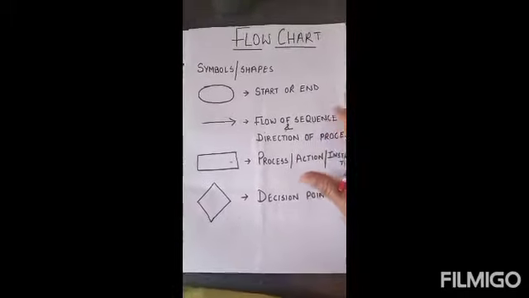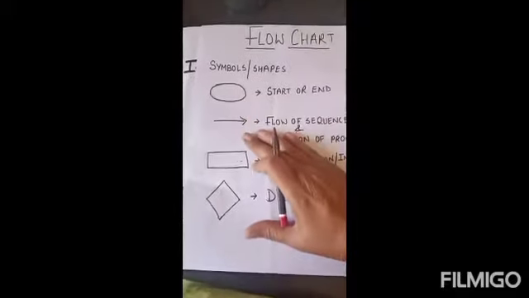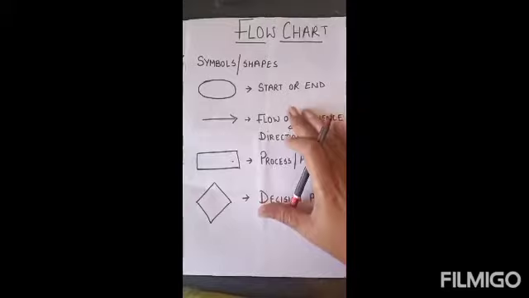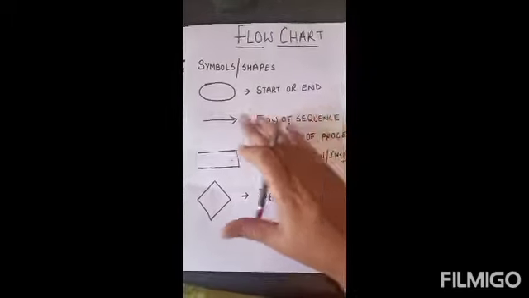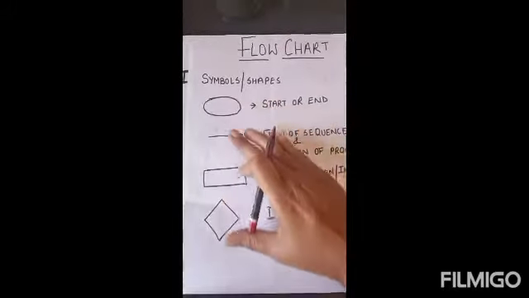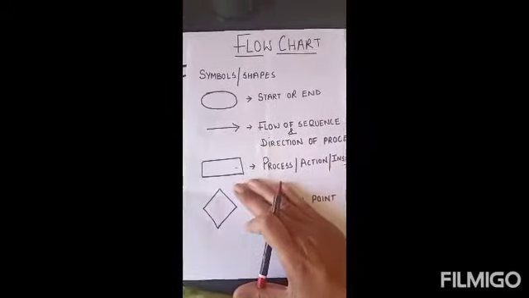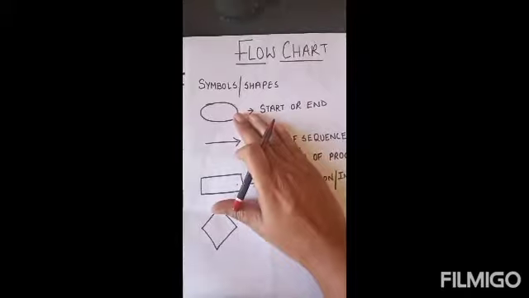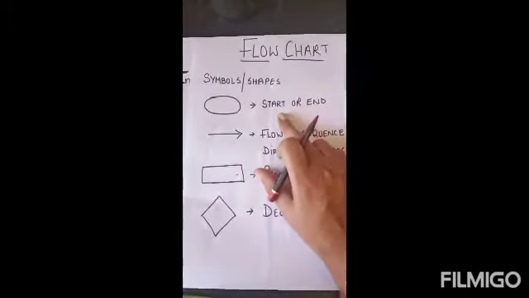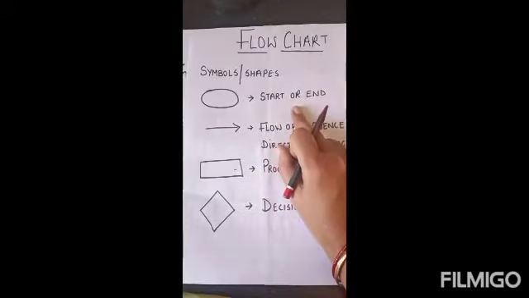So these are a few shapes which we use while making a flowchart. There are many more, but for now we will try to understand these shapes. This shape is generally found in the beginning and at the end.